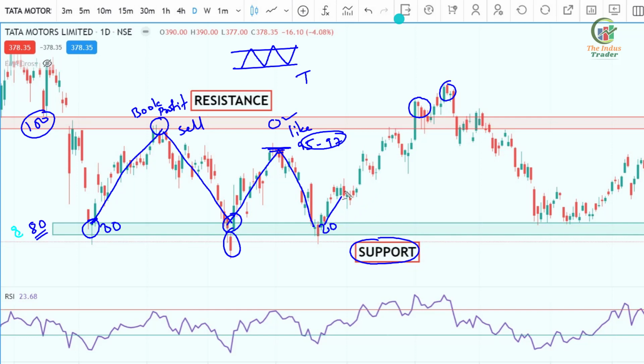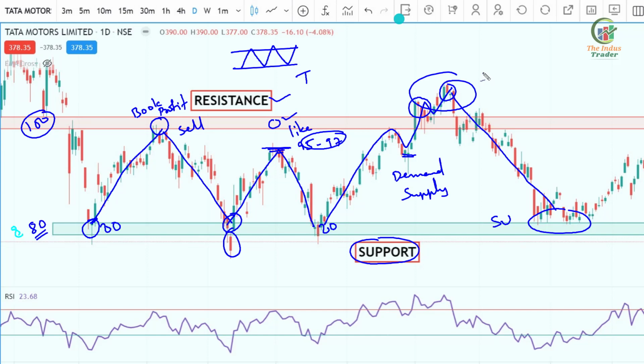And again this time it crossed our 100 because here the demand is high compared to supply. So even though it broke our resistance, it again came back to this particular support, and this is a fake breakout.